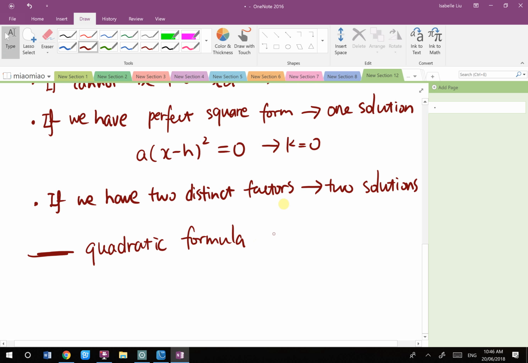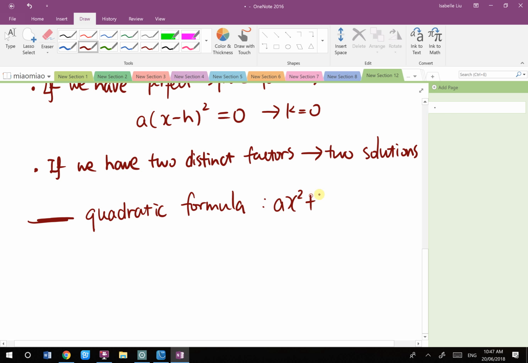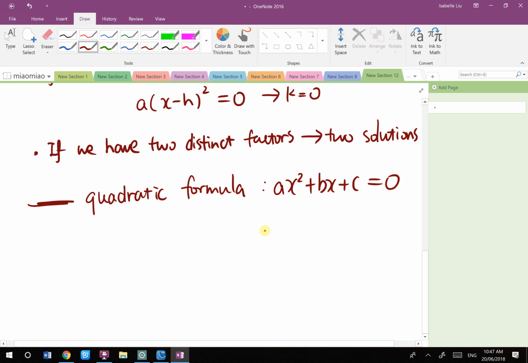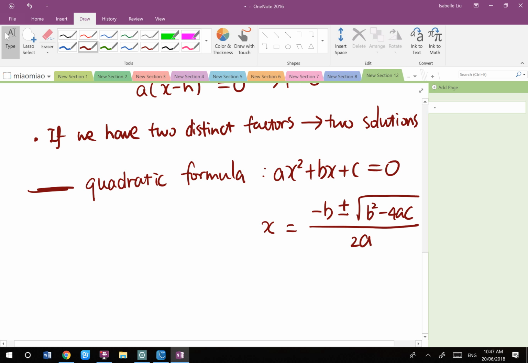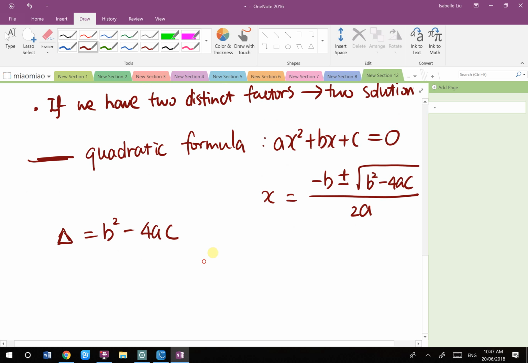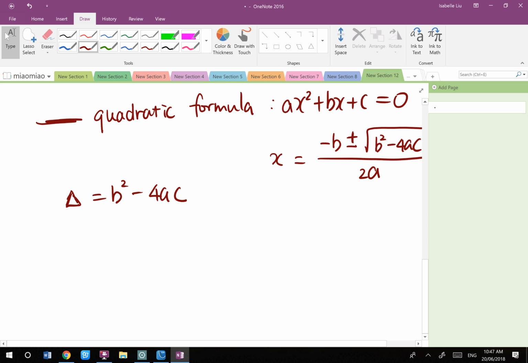For ax squared plus bx plus c equals 0, x equals minus b plus or minus the square root of b squared minus 4ac, over 2a. That's the second method. In this case, we have something called the discriminant, b squared minus 4ac. That's what we learned yesterday.